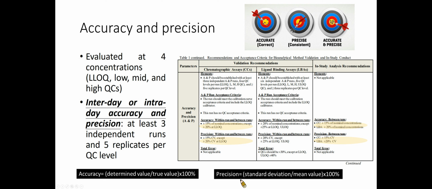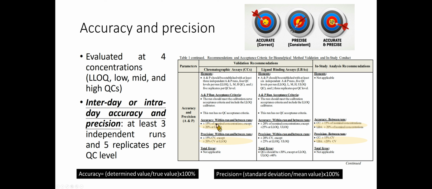Specifically, you should evaluate the performance at the LLOQ, low, mid, and high QC samples to determine if the method is suitable to analyze study samples. LC mass method validation experiments should include at least 3 independent runs and 5 replicates per QC level.